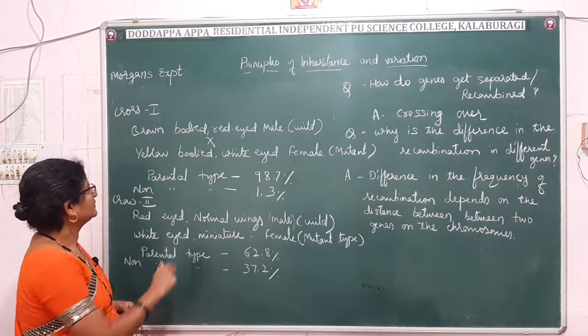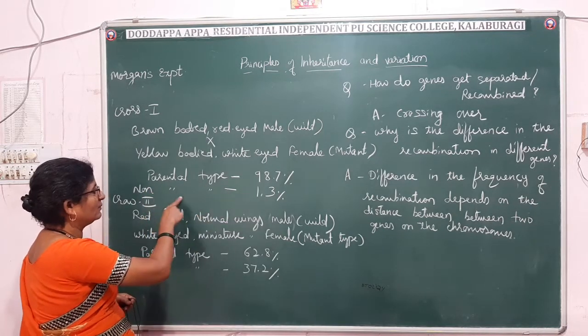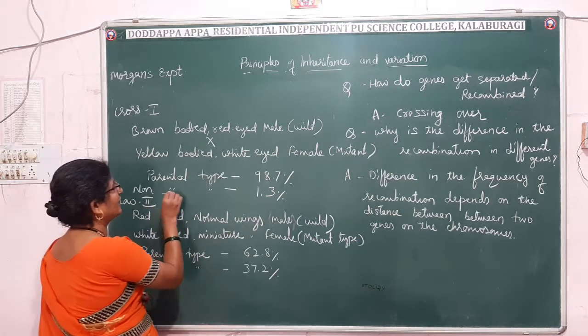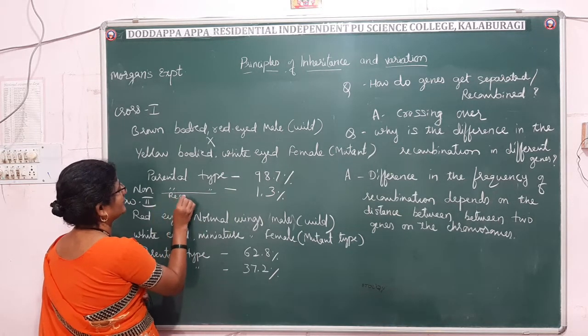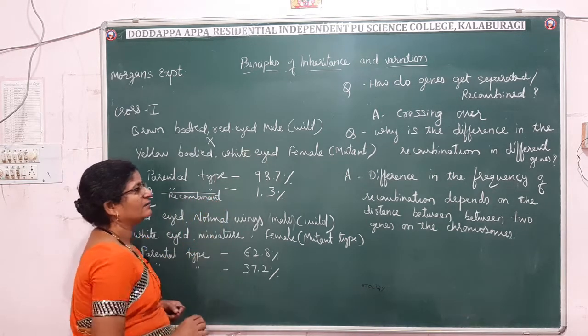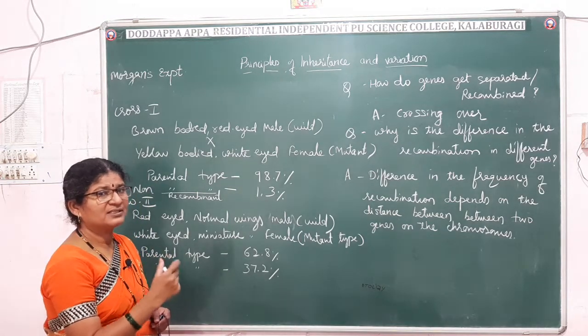What was the result? He got parental type 98.7% and non-parental, or you can say recombinant type, 1.3%. Fine. That is the first cross.